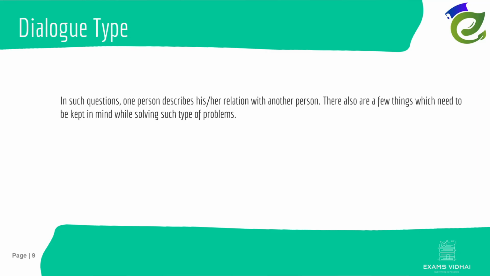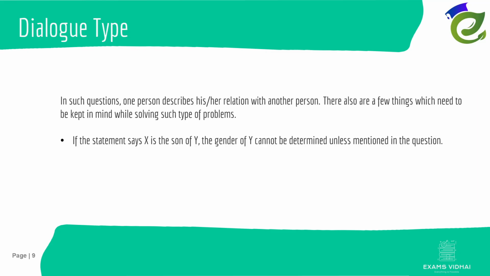There are a few things which need to be kept in mind while solving such type of problems. If the statement says X is the son of Y, the gender of Y cannot be determined unless and until mentioned in the question. You cannot assume the gender of a person based on the name.